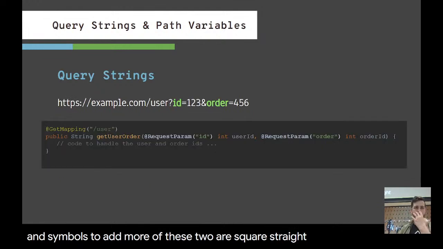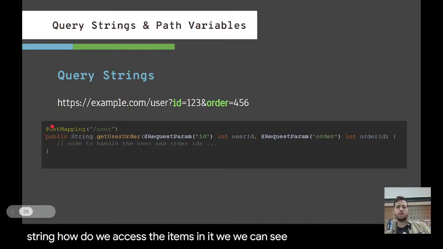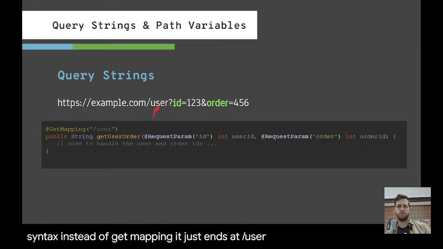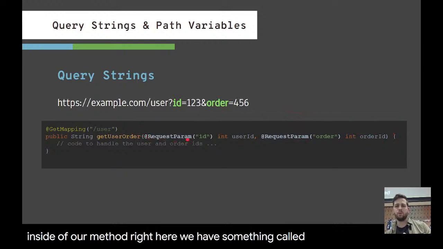And then let's say we have a query string. How do we access the items in it? Well, we can see we don't have any special syntax in the get mapping. It just ends at /user, just like this URL does. But inside of our method right here, we have something called request param.